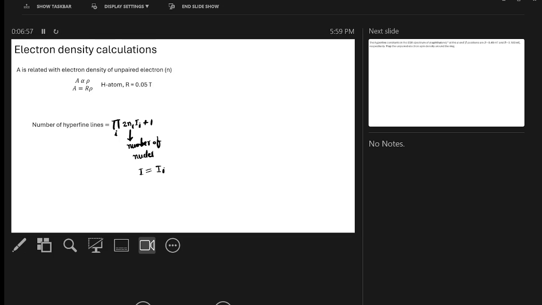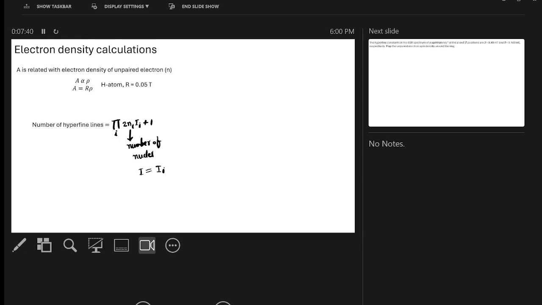Now we saw there that this A is the hyperfine constant.